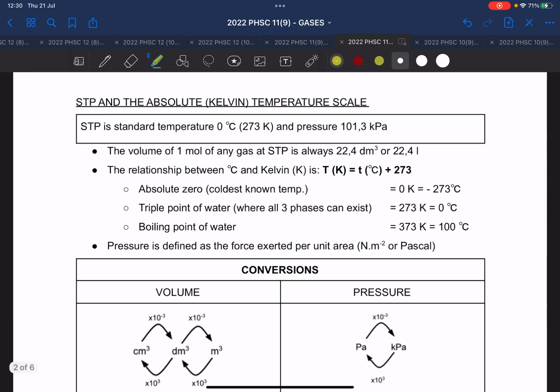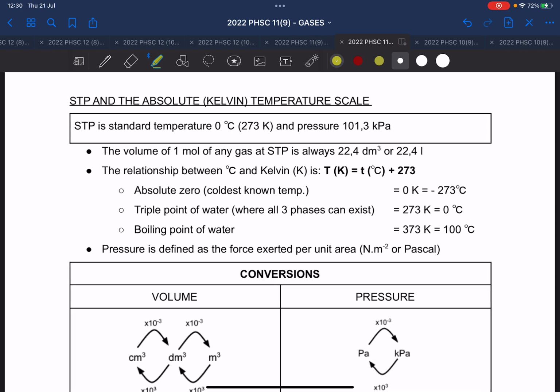Standard temperature and pressure. Who knows why there needs to be a standard temperature and pressure? Anyone want to guess?